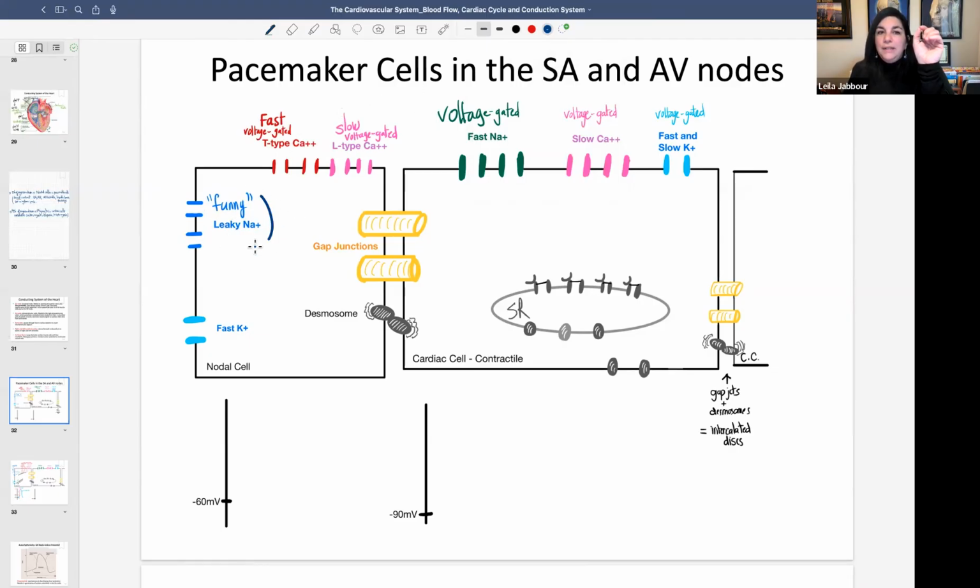So when we change the membrane potential, these channels are so sensitive to the change of the membrane that they get excited. These channels open up if you change the voltage at the membrane.